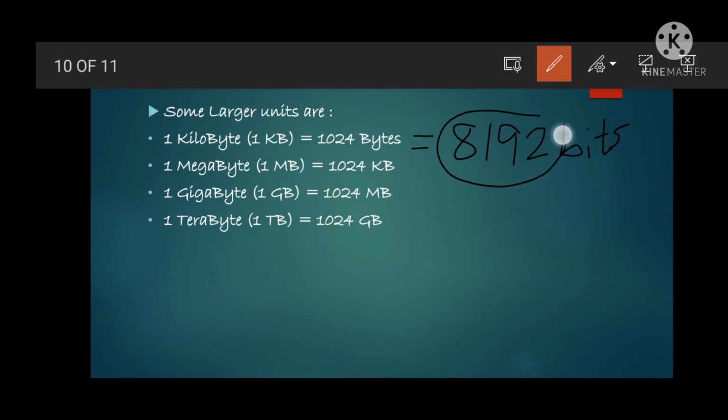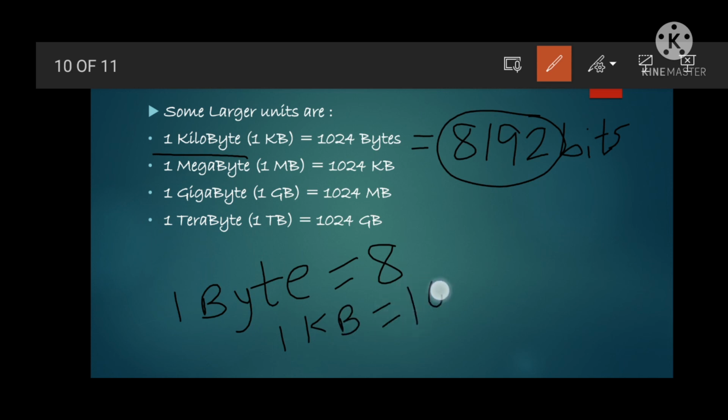How did I get 8192? If 1 byte is 8 bits, and 1 KB is equal to 1024 bytes, to convert into bits you multiply by 8, so you get 8192 bits.